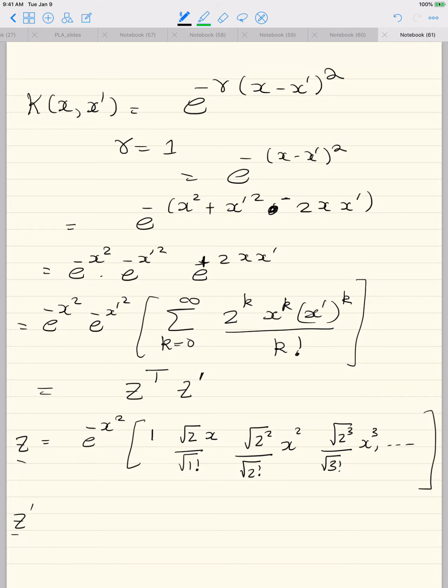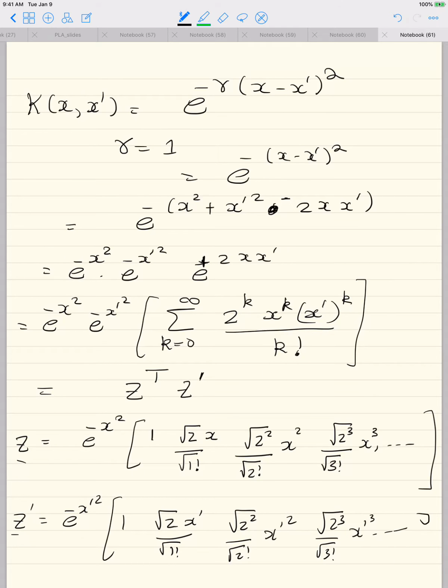And z prime is the vector e to the minus x prime squared times 1, square root of 2 times x prime divided by square root of 1 factorial. Second term is this. Third term is going to be this, and so on.